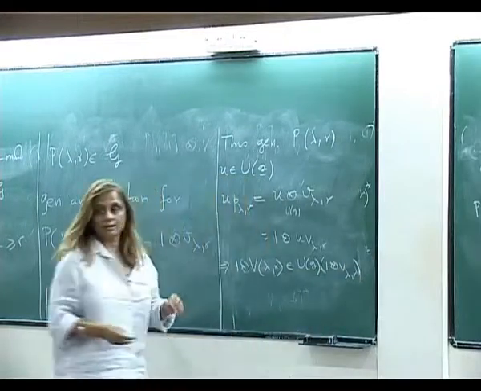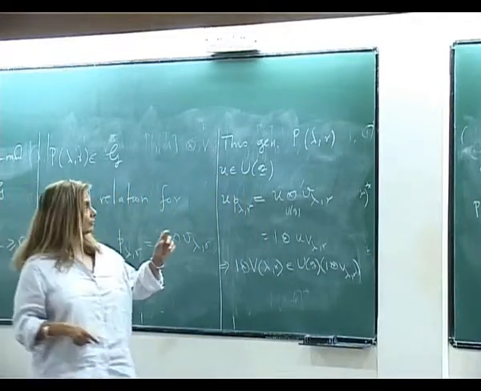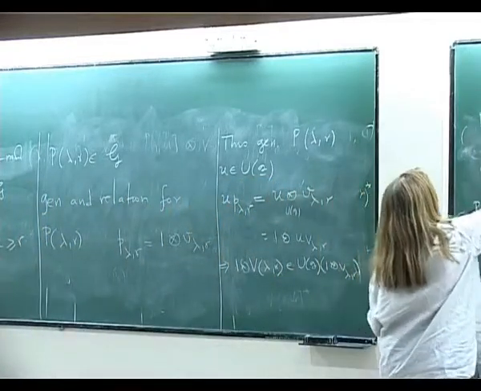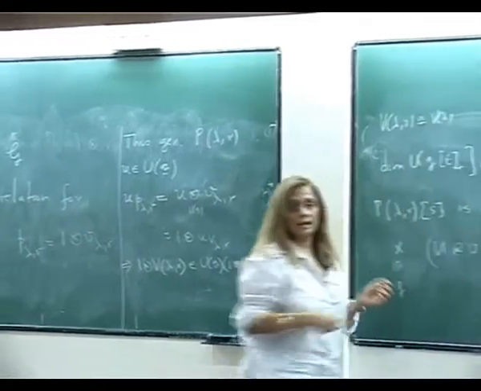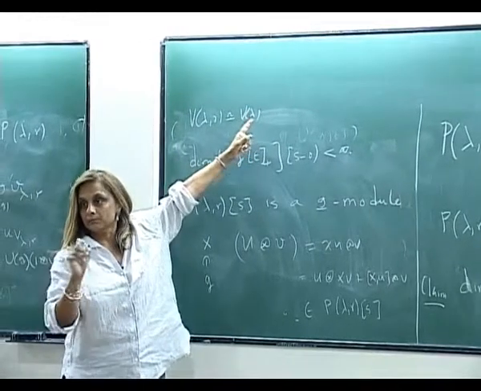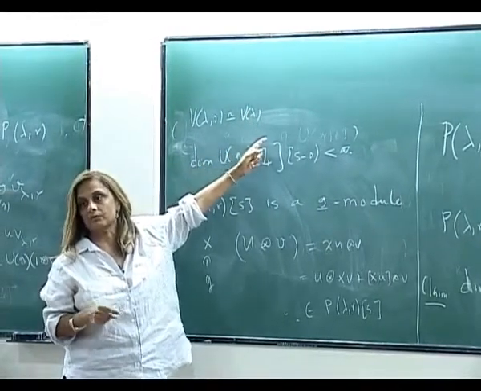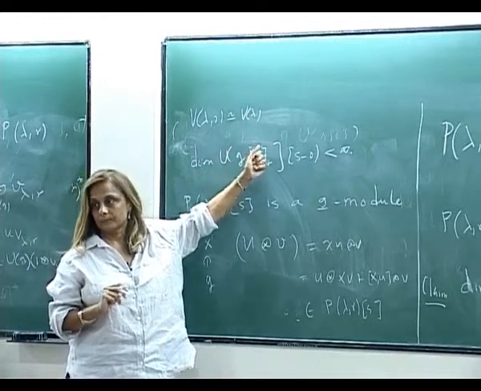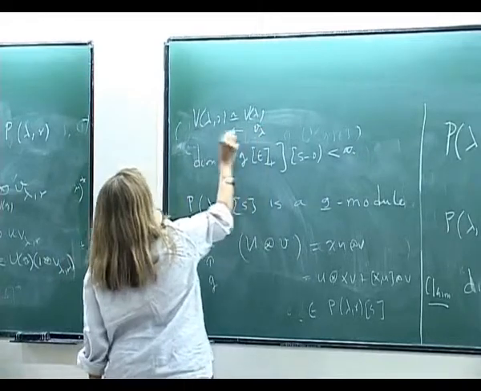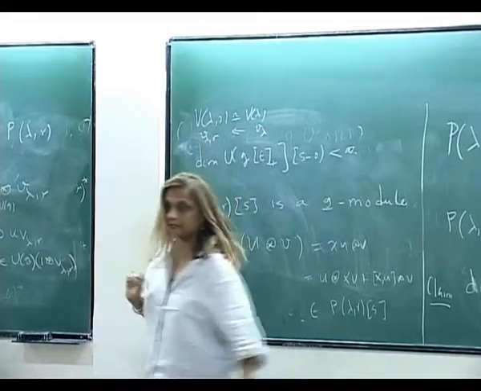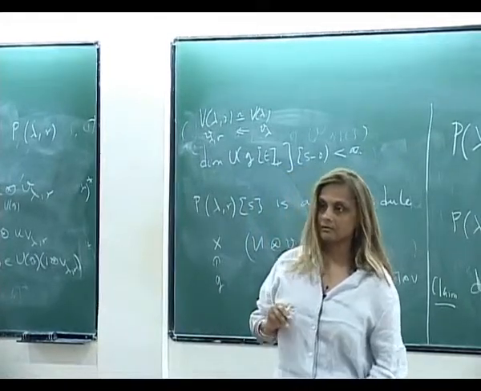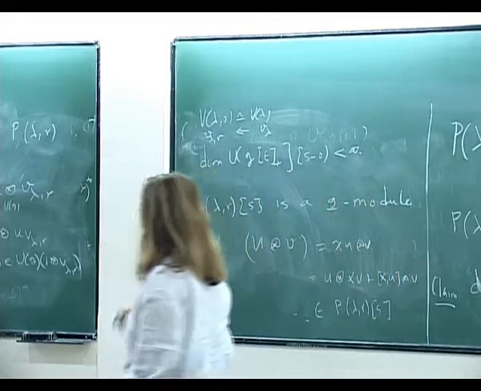V lambda r is the canonical highest weight vector. So our module V lambda, so V lambda r was V lambda, right? It's a highest weight vector. And I'm putting the additional index r to keep track of what grade I'm living in. So this element V lambda will correspond to the element V lambda r. If I don't keep track of the grade, then I just run into difficulties because I don't know what grade I'm going.